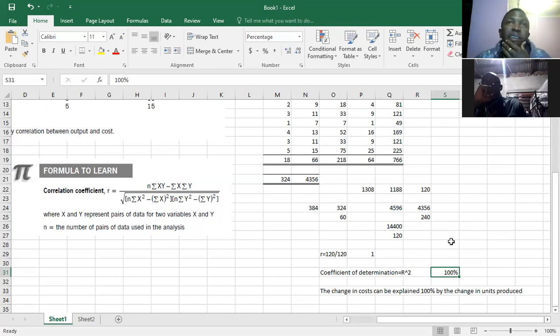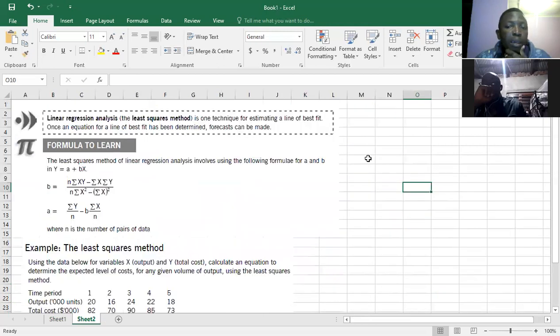Now we can look at regression. This regression shows the relationship between the independent variable and the dependent variable. That relationship is expressed in the form of a formula.